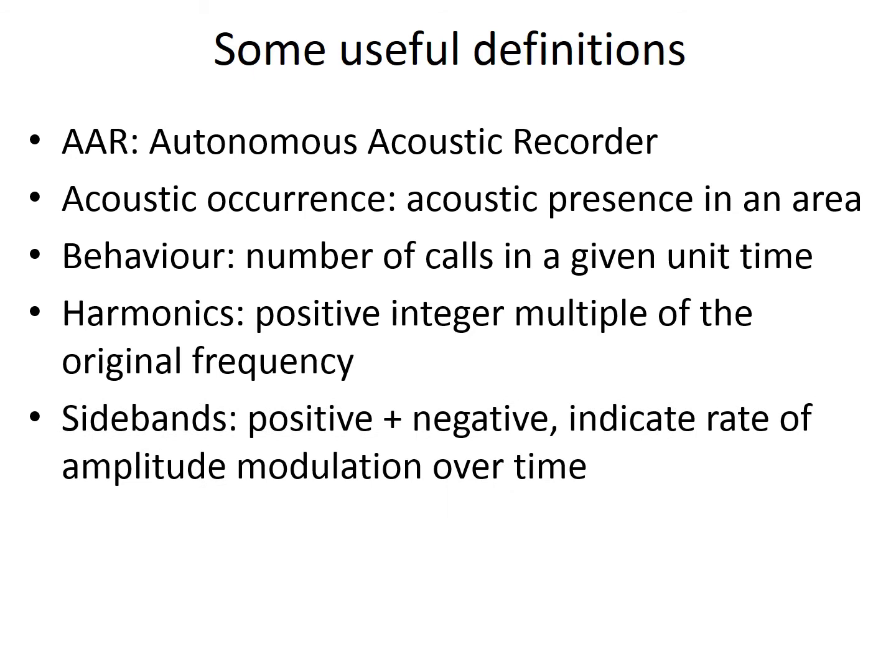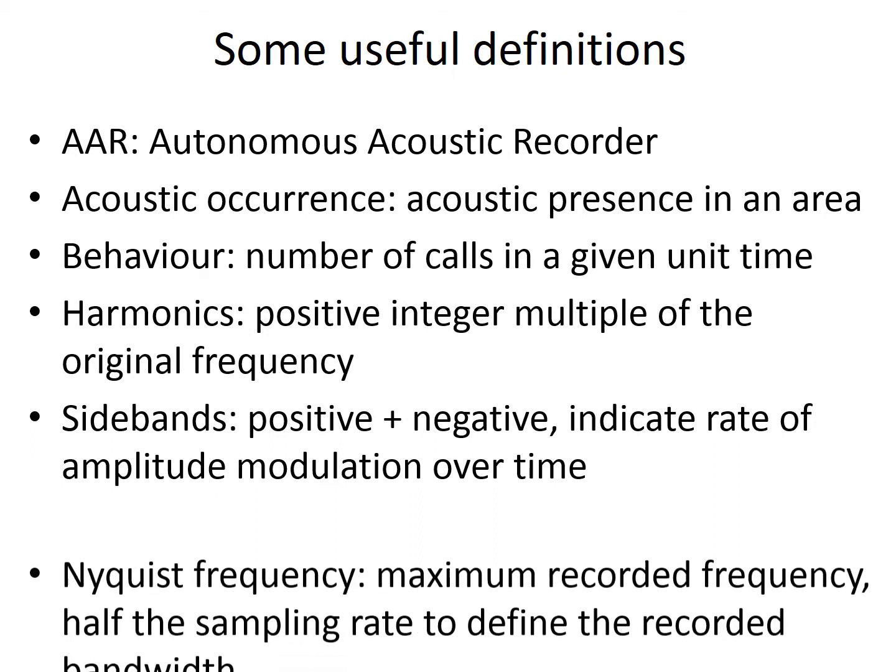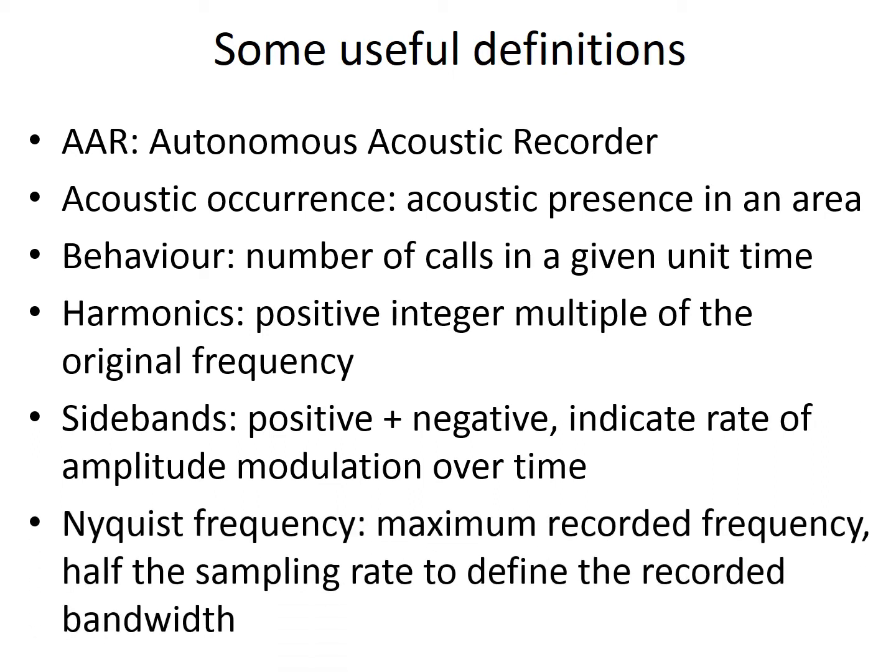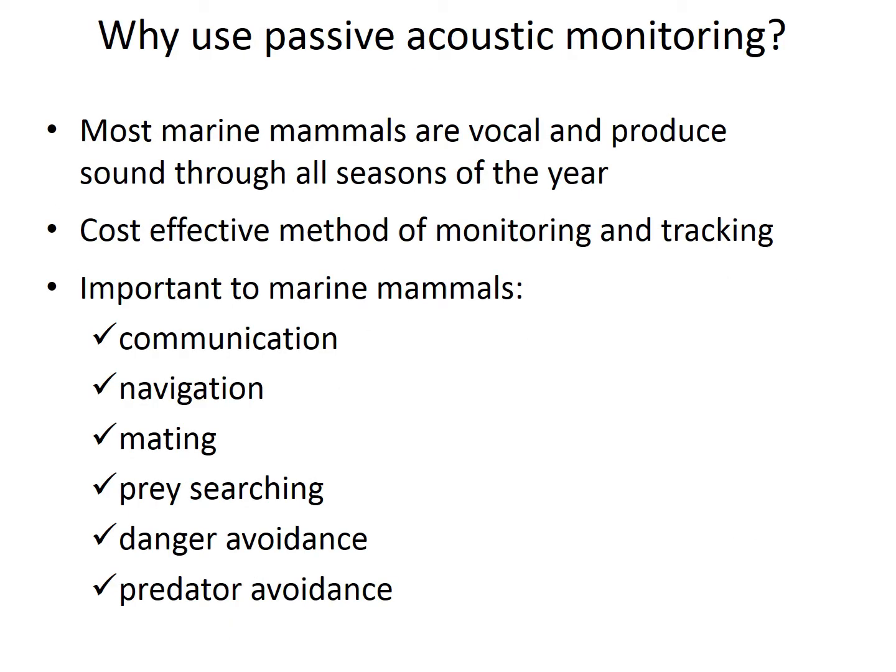And then we have sidebands, which are positive and negative integers of the original call frequency, and those indicate the rate of amplitude modulation over time. And then we have the Nyquist frequency, which is the maximum requested frequency from a recording, and that is usually calculated as half the sampling rate of the recorded bandwidth.